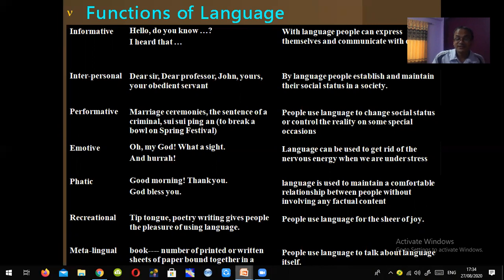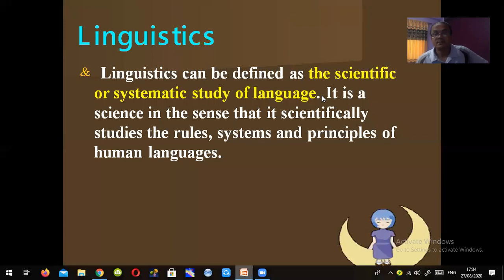And metalingual: language is used for language itself. With the help of language, we talk about language. That is the metalingual function. These are some functions of language which play a crucial role in understanding language.